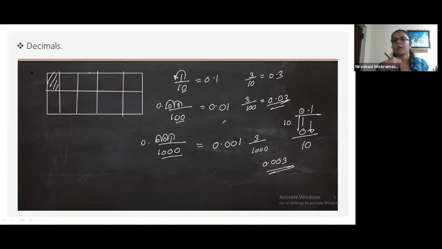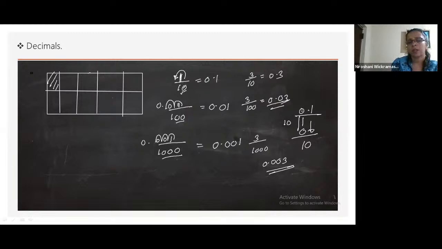According to the number of zeros at the denominator, you can move the decimal place at the numerator. The numerator is over the line, and the denominator is below the line. We talked about this in fractions. We can easily apply this for powers of 10.